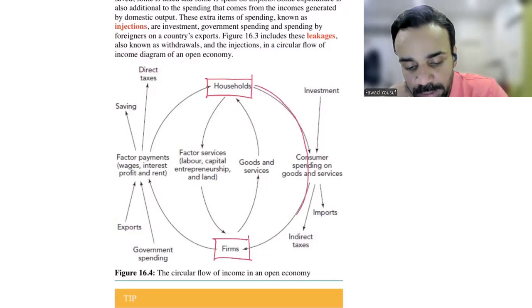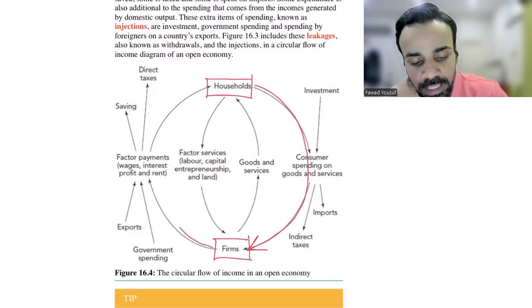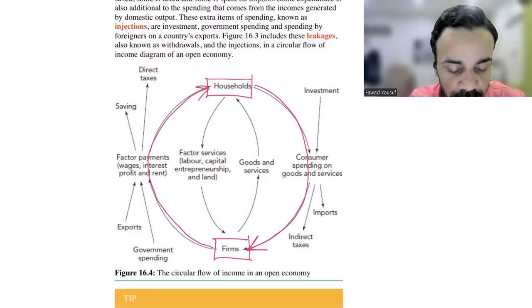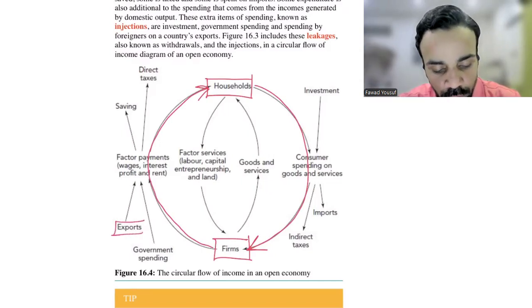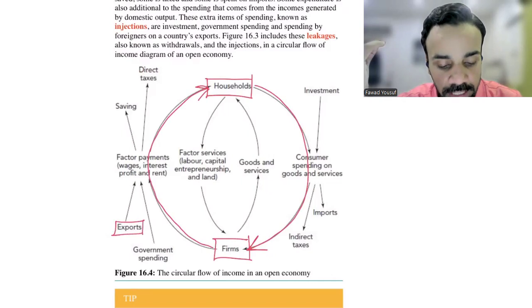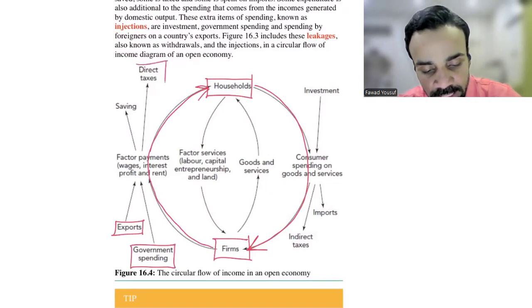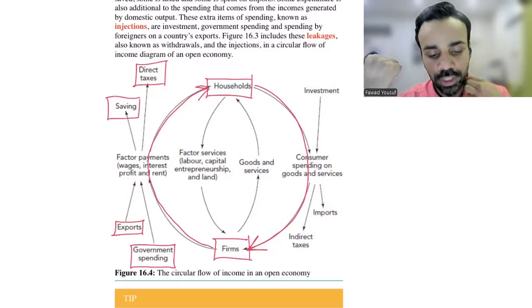Households make the expenditure, यानी consumption, and firms make income payments. उसके बाद from these payments they are talking about how export, which is an injection, government spending, which is an injection, is part of that, और government spending के बदले में taxes, which is going out, and savings, which is coming out of the factor payments.